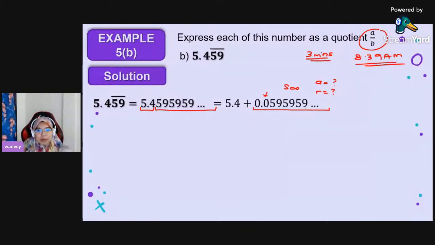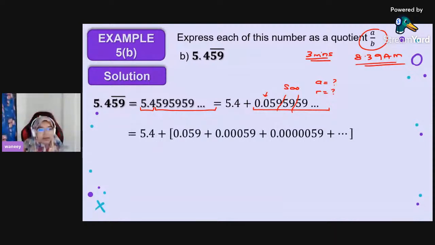Okay, so where is the repeating number? 0.59, 59, 59. When you write down the terms, the first one will be 0.059. I think that will be quite easy for you to see. But the second one, be extra careful. Over here, we have three places in front. That is the reason you are having 0.00059.